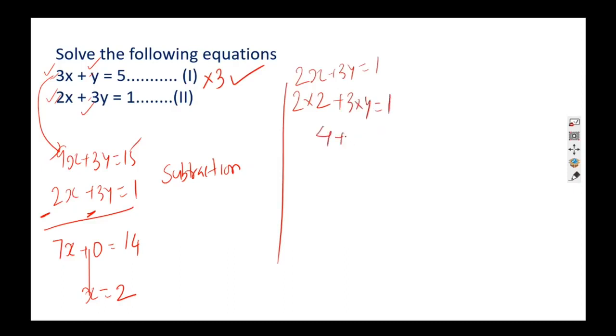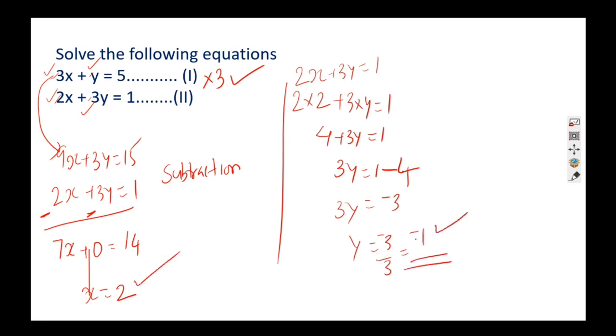This is 4 plus 3y is equal to 1. 3y is equal to 1 minus 4, subtracting 4 on both sides, which is equal to minus 3. y is equal to minus 3 upon 3, which is equal to minus 1. We got x here, we got y here. x is equal to 2, y is equal to minus 1.